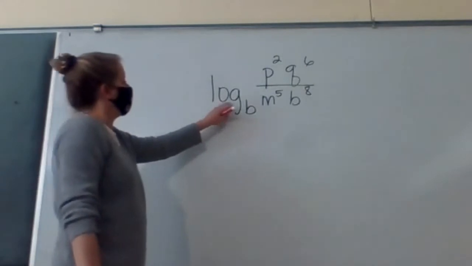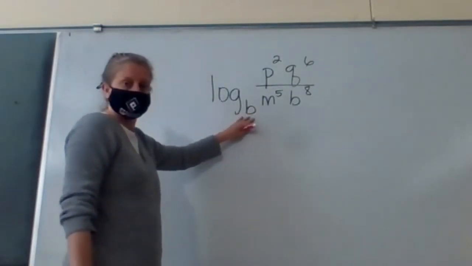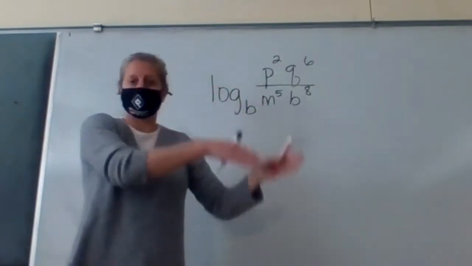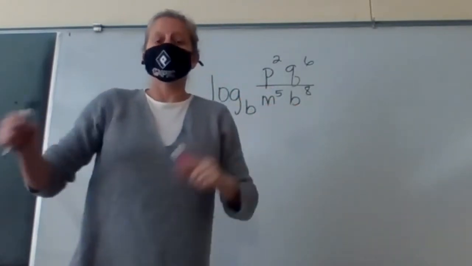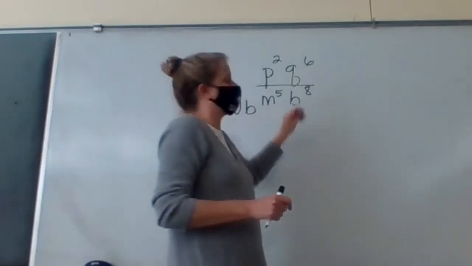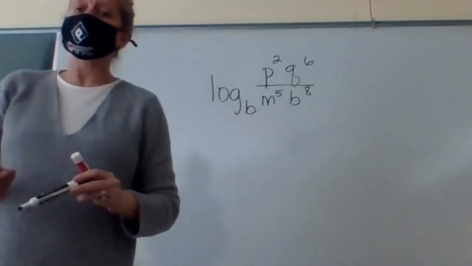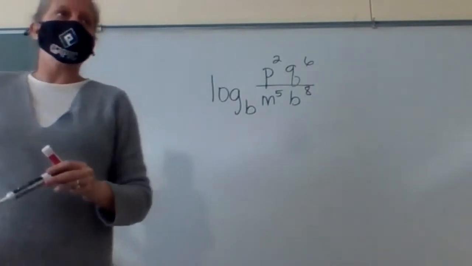So let's see, we're going to all be log base b. The ones in the numerator are going to be sums, so we're going to add. Then you're going to subtract the ones in the denominator because that's the quotient rule. If anything is divided by, you can rewrite it as a difference.